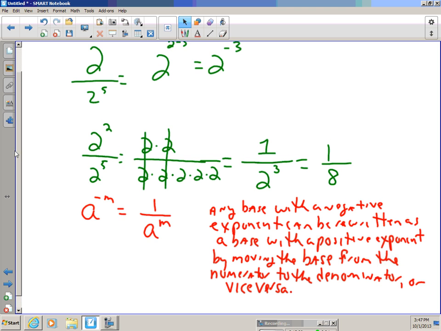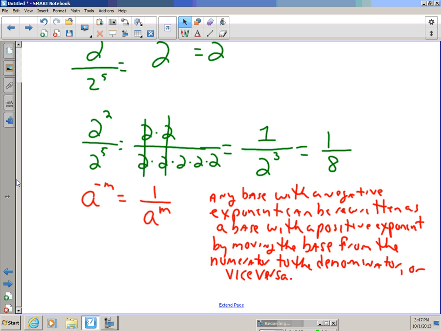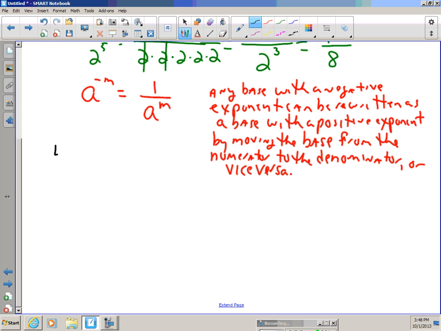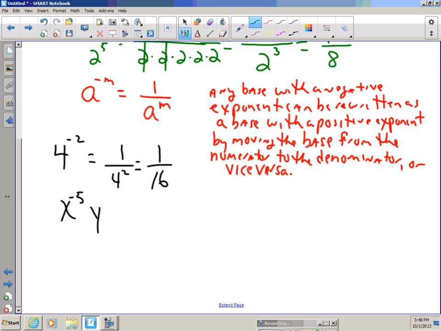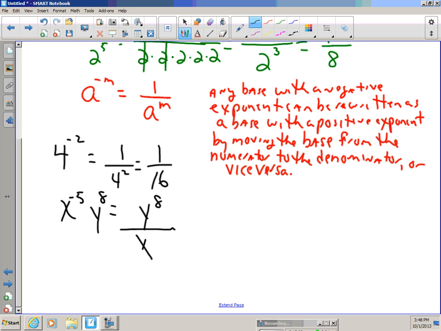So, some examples with our negative exponents. If I had 4 to the negative second power, that's 1 over 4 squared, which is 1 over 16. If I had x to the negative fifth, y to the eighth, well, the y is okay because it has a positive exponent, while the x is not, so it needs to move.